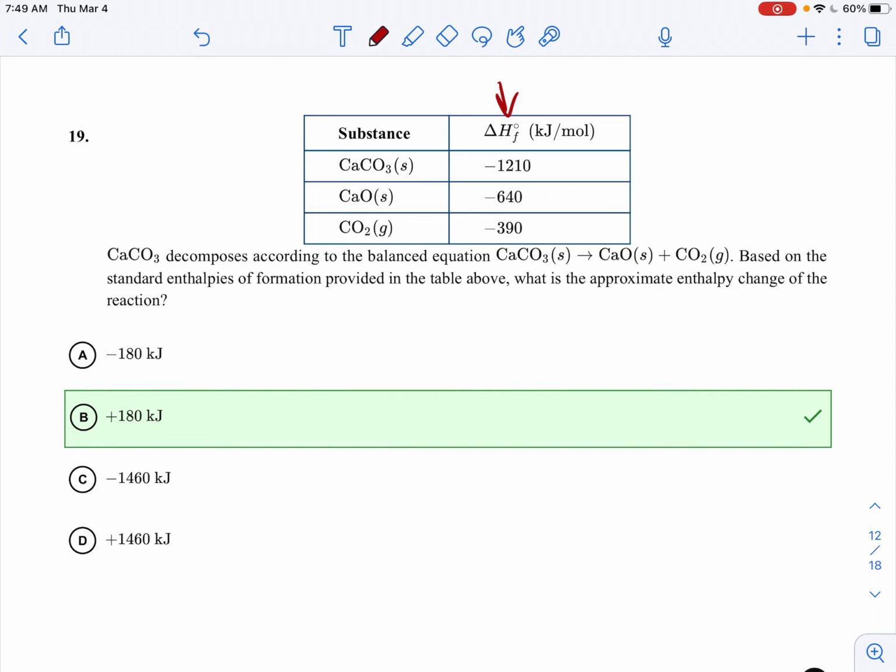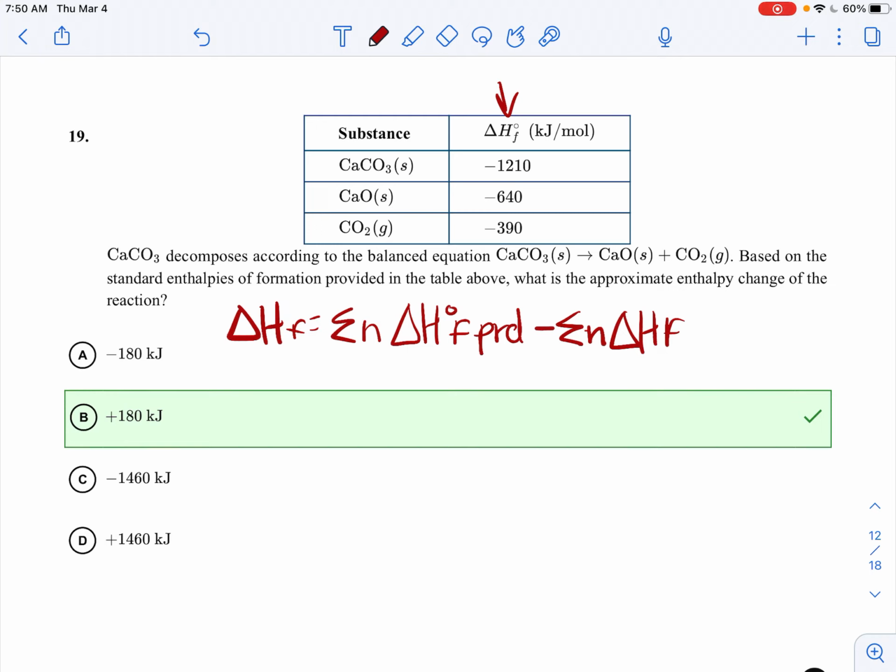And so our formula is going to be delta H equals the sum of n times delta H heats of formation for the products minus the sum of the number of moles times the heats of formation for the reactants, okay?